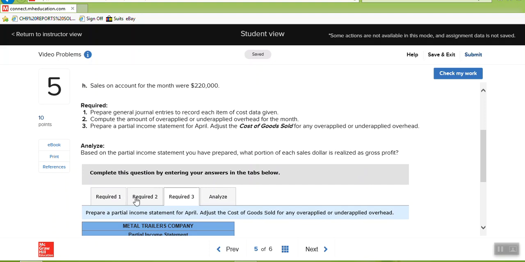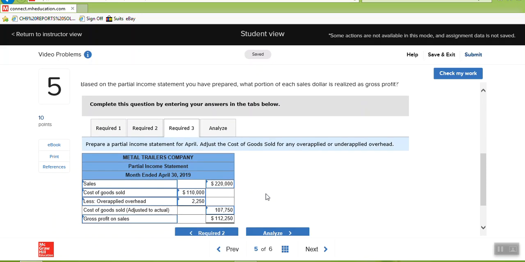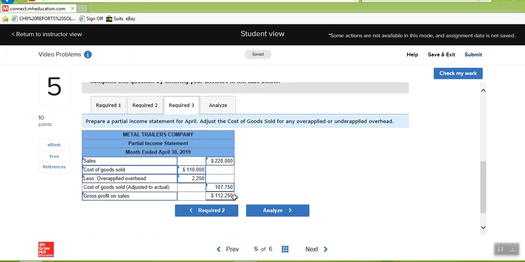All right, so we're at our income statement. So what portion of each sales dollar is recognized as profit? Well, let's see how we can figure that out.